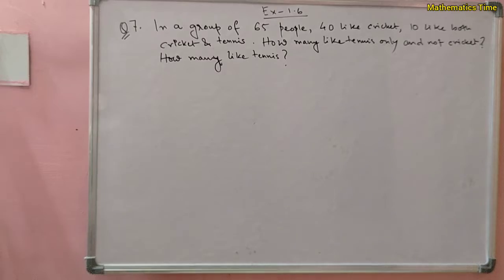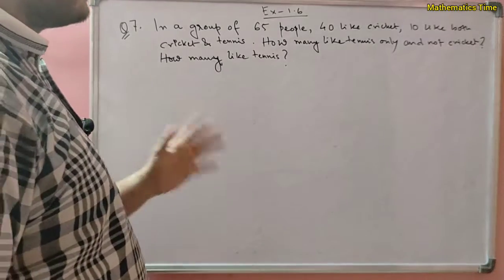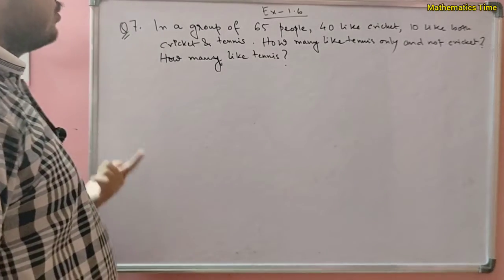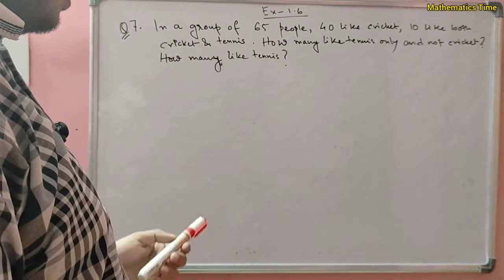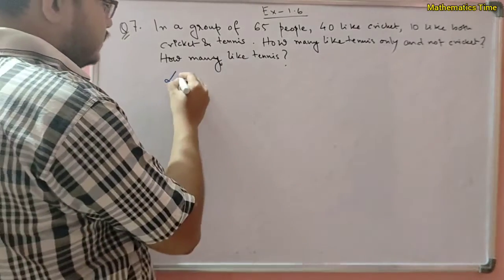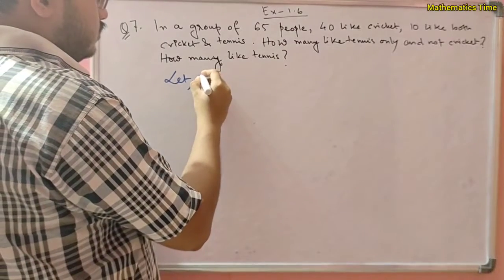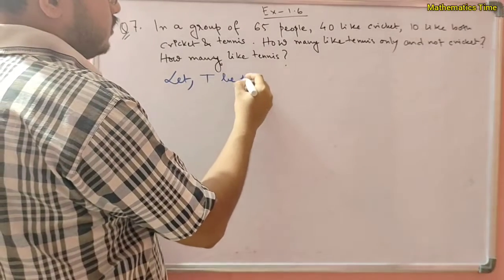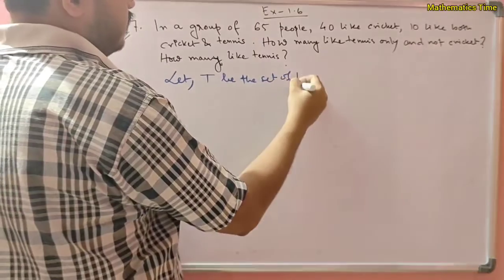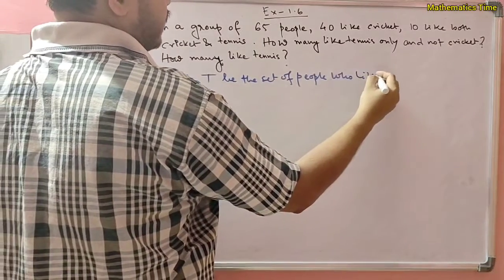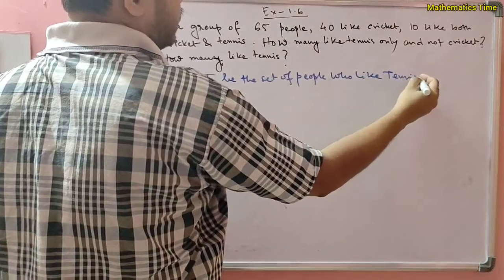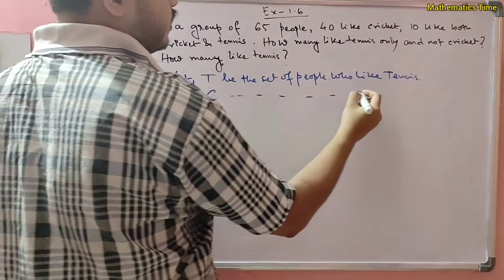So this is the last problem we are doing today. In a group of 65 people, 40 like cricket, 10 like both cricket and tennis. How many like tennis only and not cricket? First, let T be the set of people who like tennis, and C be the set of people who like cricket.